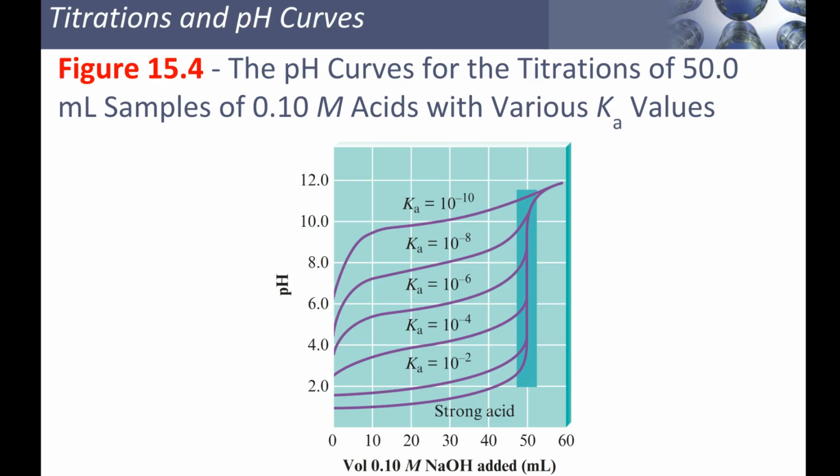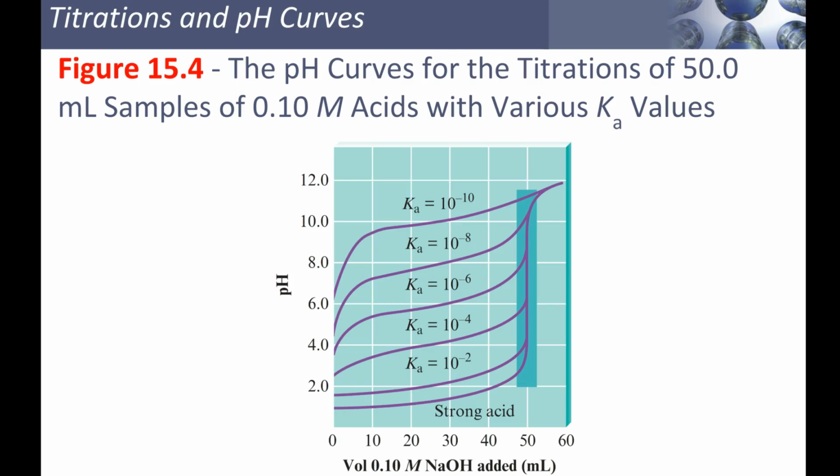These are what the curves look like when you have a strong acid and when you have a weak acid and a base, right? So strong base, weak acid. You see how the weak acid starts at a pH that's around, let's say, 6 because the Ka is 10 to the negative 10, and that curve is not very big, right?